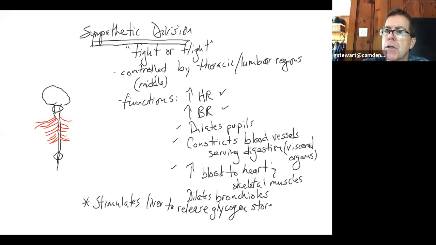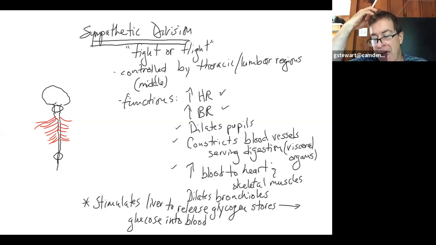Remember, glycogen is just a stored form of glucose, and that dumps glucose into the bloodstream, where we can use it if we need it for energy in order to run or fight. It also stimulates the adrenal medulla to release adrenaline, epinephrine, and norepinephrine.